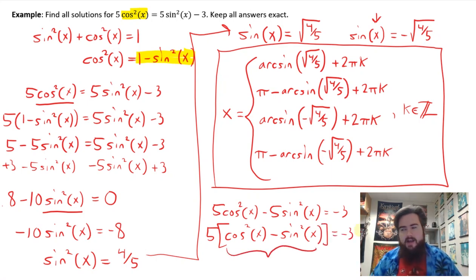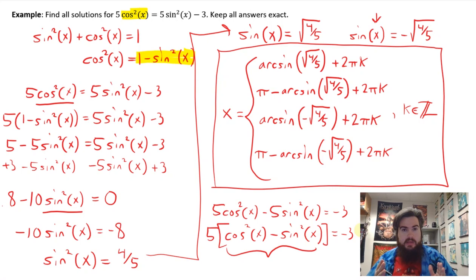We could have replaced cosine squared of x minus sine squared of x with a double angle identity for cosine, as this is one of the double angle identities for cosine. That would have also led us down a different path.